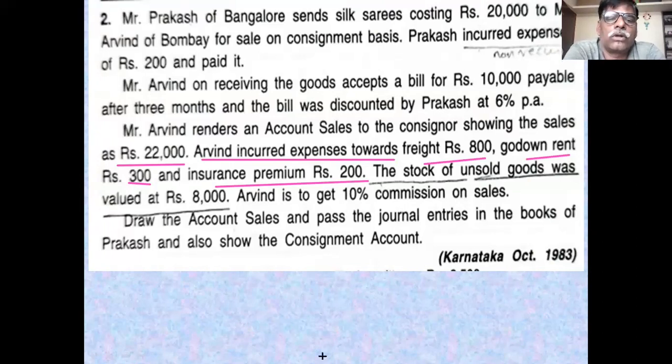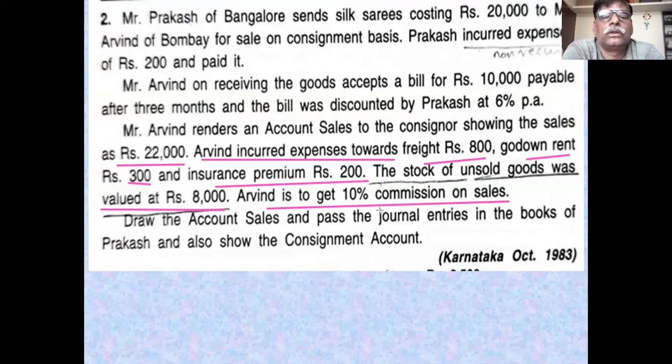Then unsold stock of the goods. Stock value of goods is given in the problem. Closing stock comes on the credit side of the consignment account. And Arvind means consignee gets 10% commission on sales.